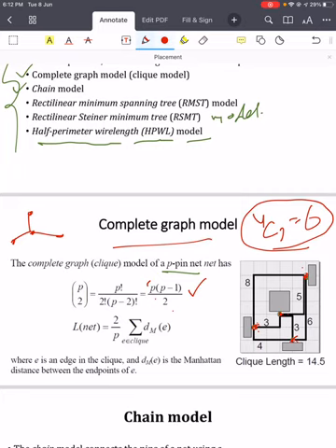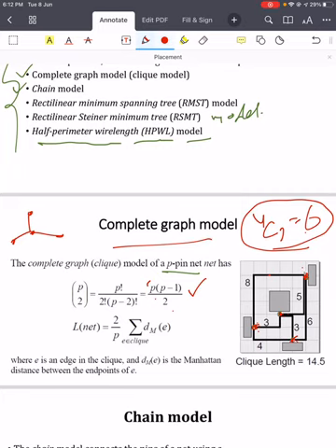Here a total of 6 edges are there. We find the Manhattan distance of all the edges.